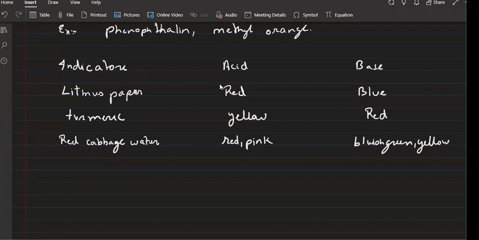Now, when you talk about man-made or synthetic indicators, the first and very famous one is methyl orange. It's not orange, it's the color, right? Don't think that it is some kind of orange. So, as the name suggests, tell me, what would be the color?